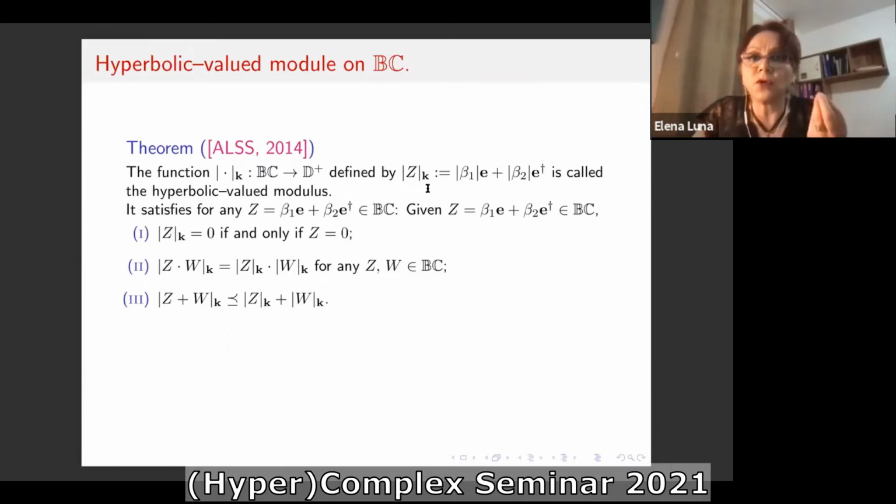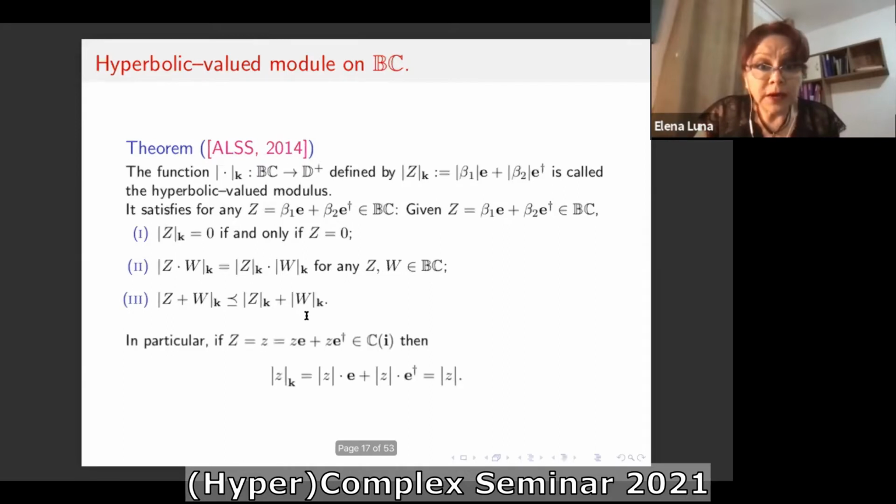This is also something new that we define in this book together with Alpay, Struppa, and Shapiro. This modulus is hyperbolic valued, and thanks to the partial order that we defined, it deserves to be called a norm, precisely because it has all the properties that are necessary. So we can get the triangle inequality also.